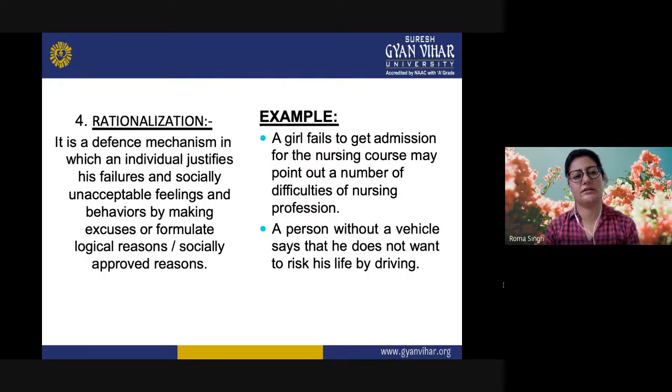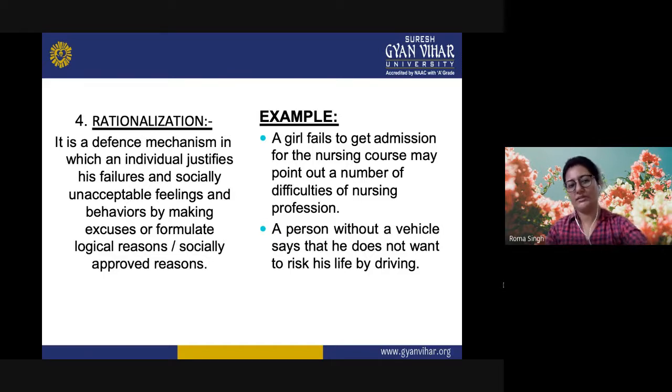Then the next defense mechanism is rationalization. It is a defense mechanism in which an individual justifies his failures and socially unacceptable feelings and behaviors by making excuses or formulating logical, socially approved reasons.